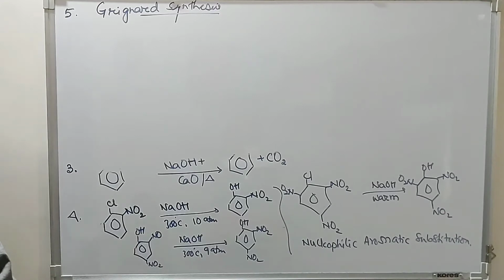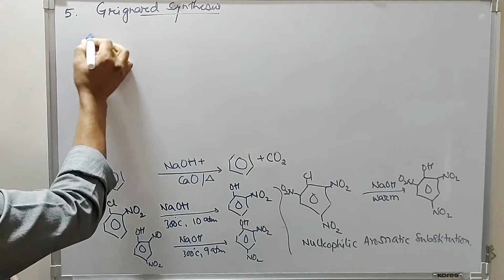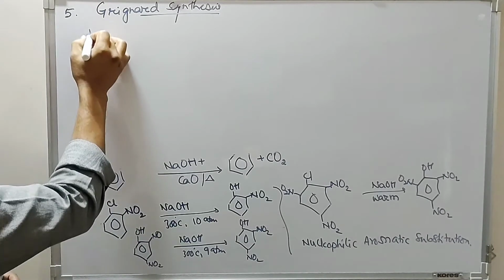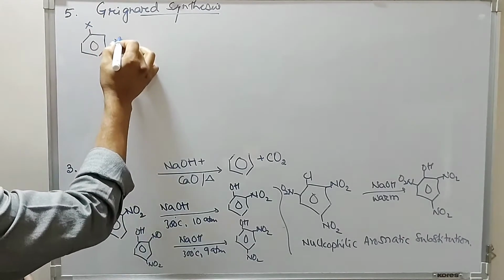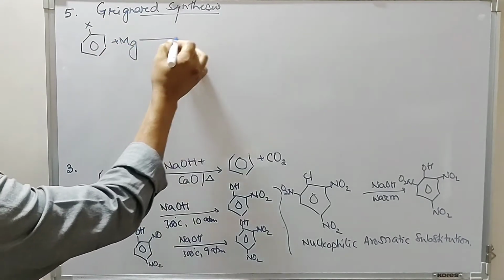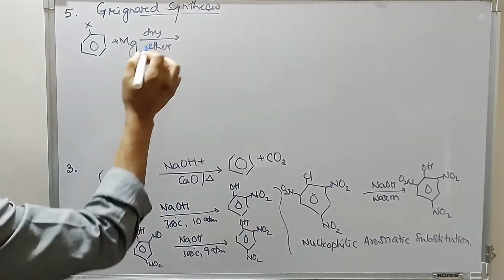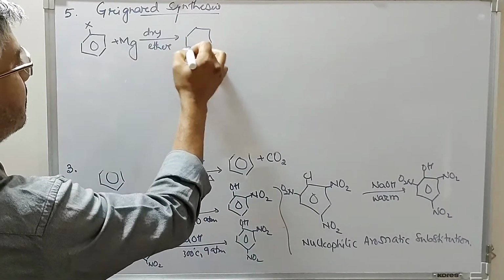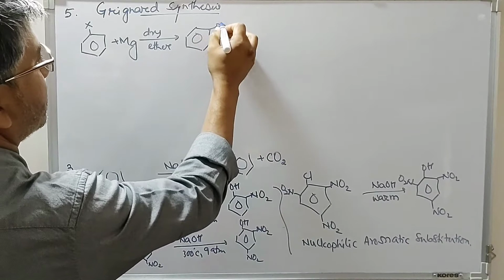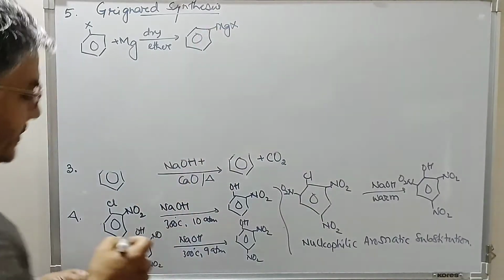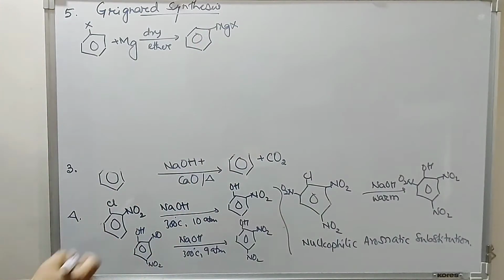Halobenzenes react with magnesium in presence of dry ether to give you Grignard reagent. So look at this. We have this halobenzene. This reacts with magnesium metal in presence of dry ether when we have aryl magnesium halide.